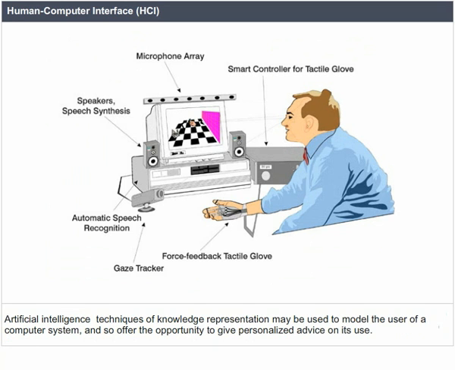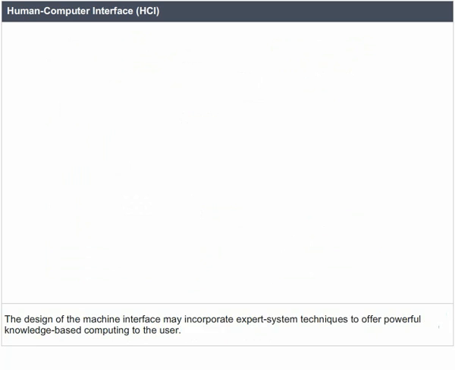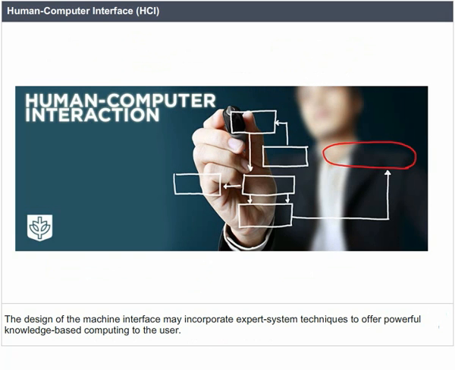Artificial intelligence techniques of knowledge representation may be used to model the user of a computer system, and so offer the opportunity to give personalized advice on its use. The design of the machine interface may incorporate expert system techniques to offer powerful knowledge-based computing to the user.